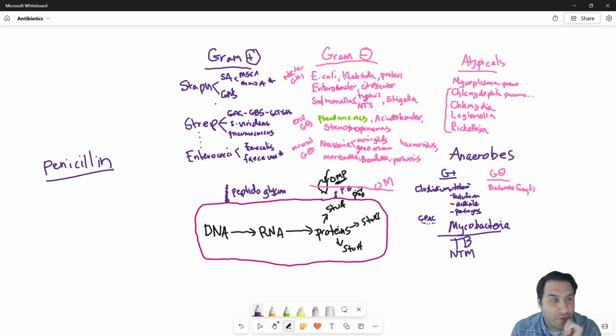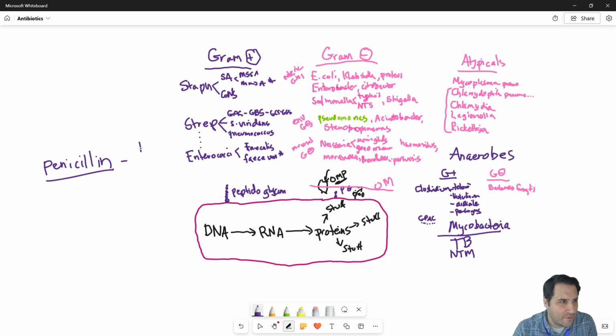But he was also the first person to point out that Staph aureus, when you give penicillin, seems to develop resistance. And when you read his documents about penicillin, he even mentions how difficult Staph aureus is. What happens with Staph aureus is it produces a penicillinase, right? So one of the easy ways to deal with penicillin is to just chop it up.